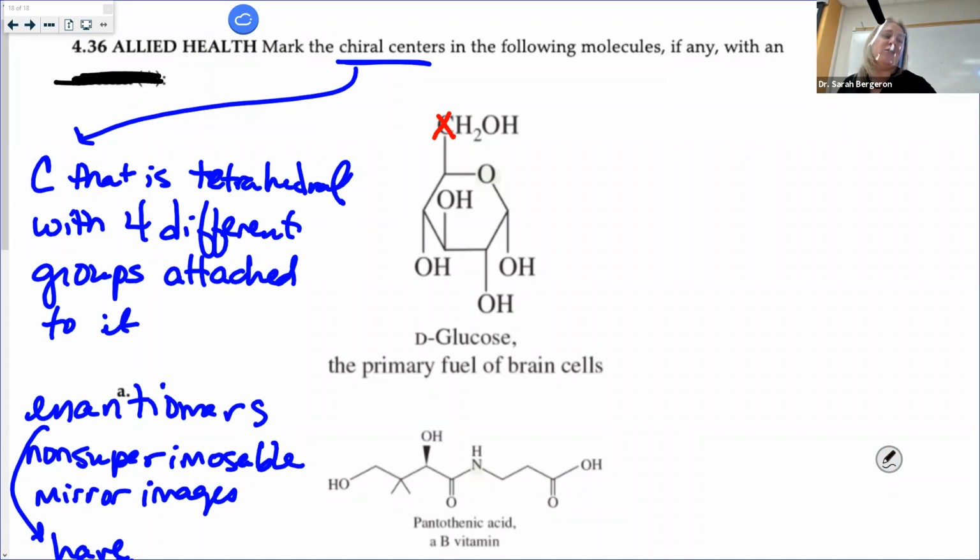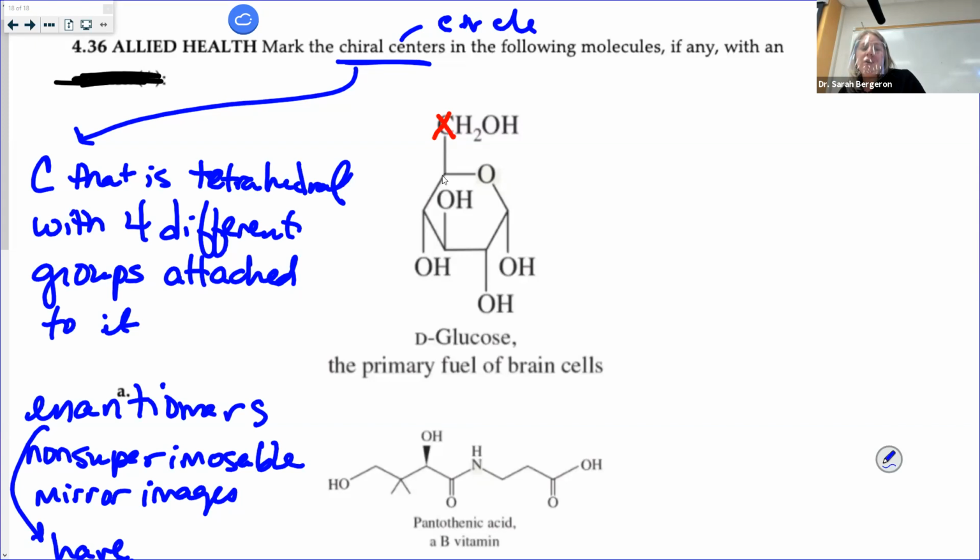So let's cross this out. Let's not put an asterisk because that's going to get confusing. Let's circle them. Circle the chiral centers. Okay. So let's go down to the next carbon. Tell me about this carbon. What's attached to this carbon? I have an oxygen that's attached to it, and the oxygen basically is on that side of the ring.